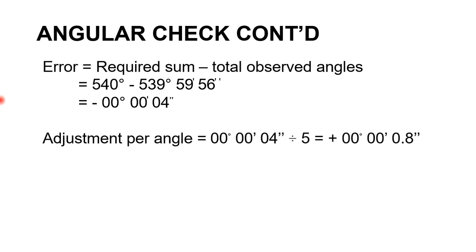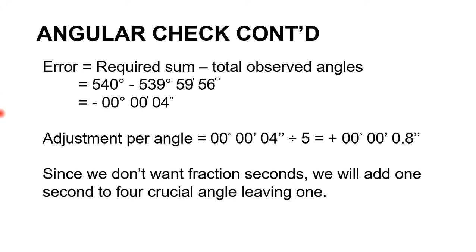So the adjustment in this case is supposed to be proportional, to distribute the errors equally. So we divide the error by the number of sides, or by the number of angles that we have. Therefore, in this case, it appears that we are going to add 0 degrees 0 minutes and 0.8 seconds for each and every angle that we've observed.